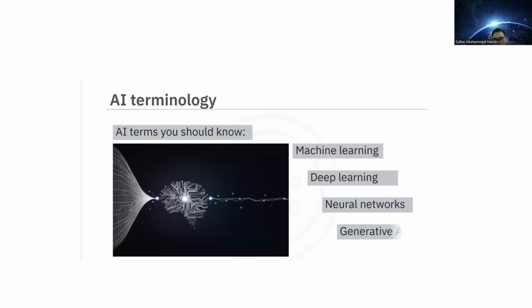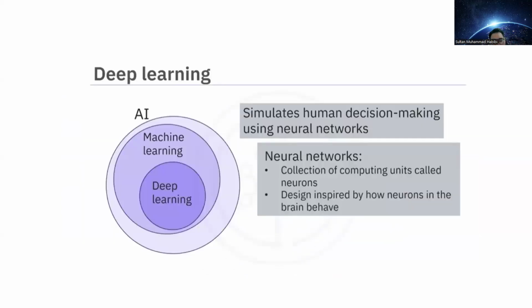Of course, there's machine learning, deep learning, neural networks, and generative AI. What are all those things? Well, this is the mapping of all of those things. Deep learning is a subset of machine learning. Machine learning is a subset of artificial intelligence, and neural networks are also a subset of deep learning, because basically deep learning is a kind of machine learning that can learn by itself using artificial neurons that mimic the work of human brains.